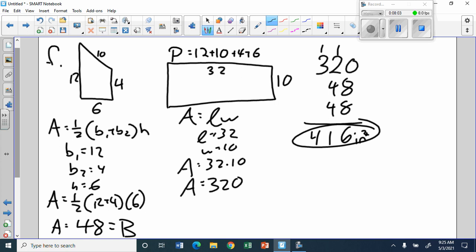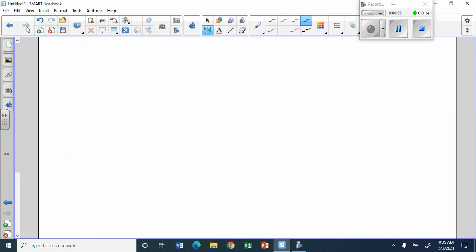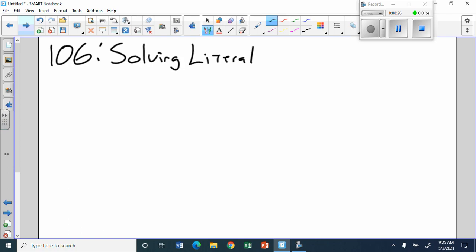Let's look at 106. Lesson 106, the biggest thing today, we might have to define some things. The first one is solving literal equations. So let's define this so we know what we're actually solving.